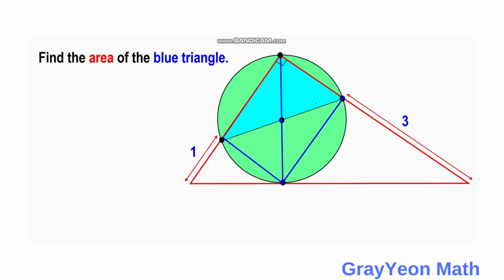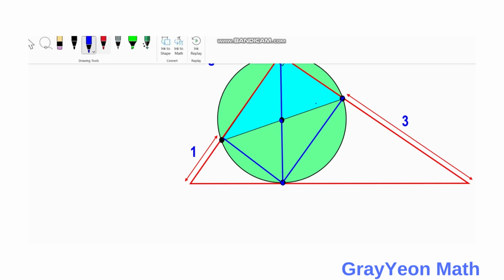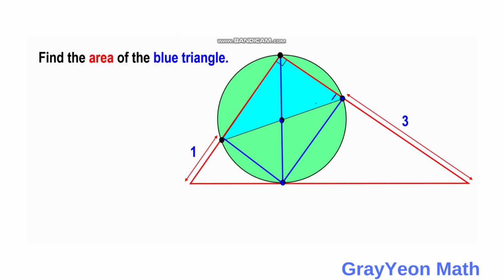Okay, so now that we have proven that this angle is 90 degrees, and since this quadrilateral is inside a circle, the sum of the opposite angles should be 180 degrees.